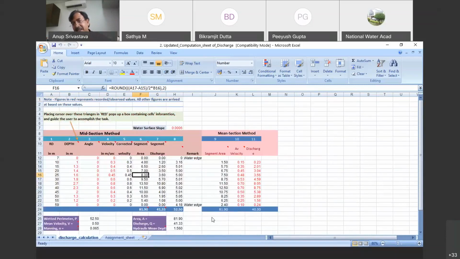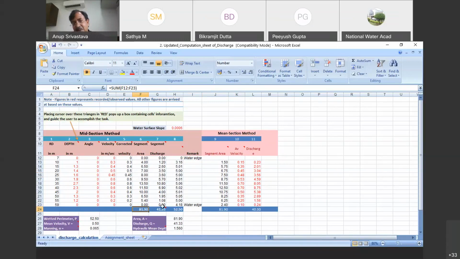In this discharge calculation, if you are able to see this particular sheet, though this method is not available in the sheet that we have uploaded on the course module, I have tried here to emphasize how the mean section method works. You might observe that the area remains the same. As I was saying while presenting the PPT, the cross-sectional area remains the same.